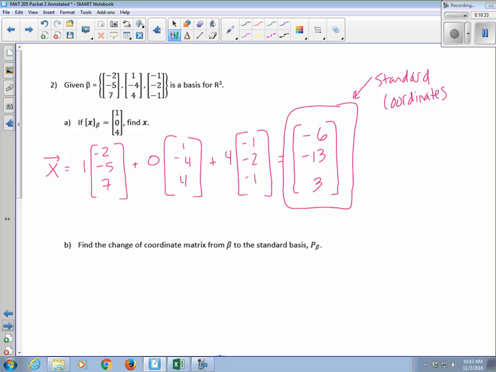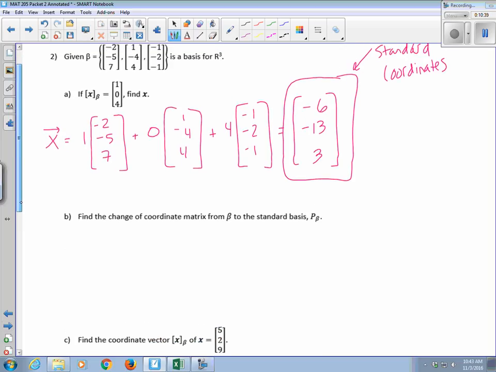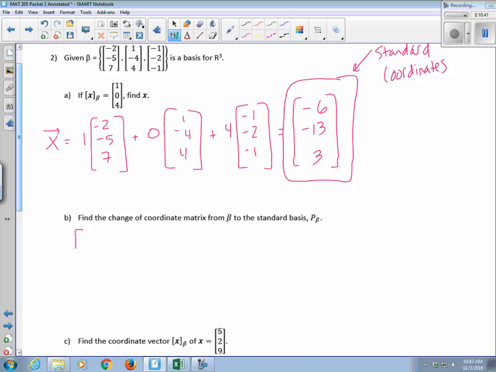So basically, an alternative way of figuring out what we just did would be to take my 3 basis vectors and put them in a matrix, (-2, -5, 7), (1, -4, 4), (-1, -2, -1), and then multiply by (1, 0, 4), right? Because that will give me (-6, -13, 3). It's just an alternative way of writing what we just wrote.